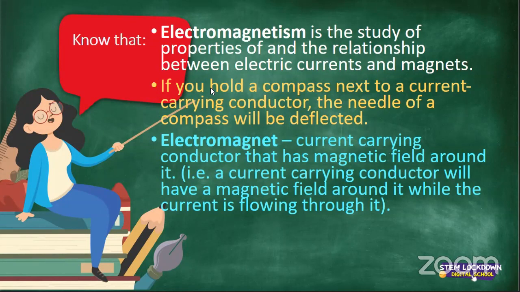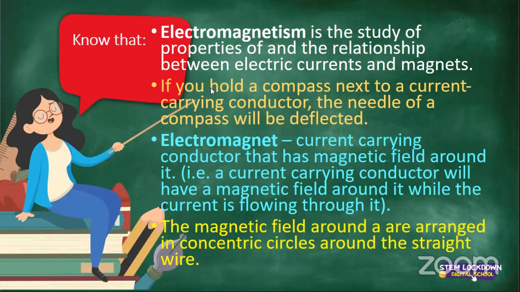An electromagnet is a current carrying conductor that has a magnetic field around it. So any current carrying conductor will have a magnetic field around it, and so it is called an electromagnet. That is, a current carrying conductor will have a magnetic field around it while the current is flowing through it.